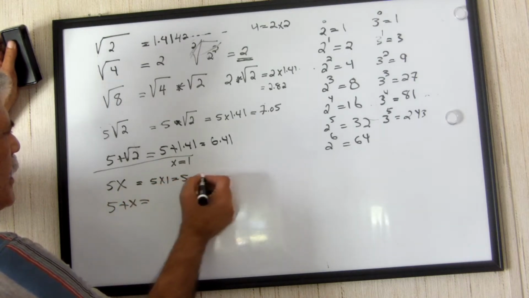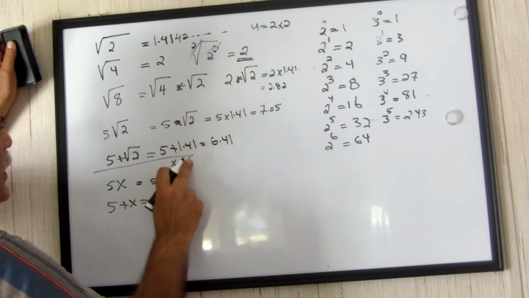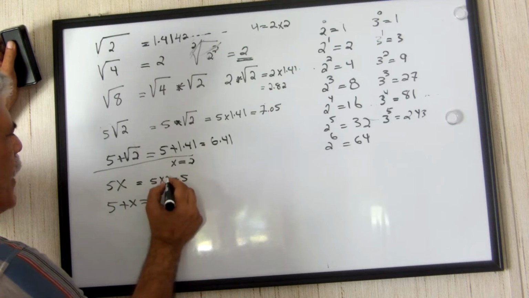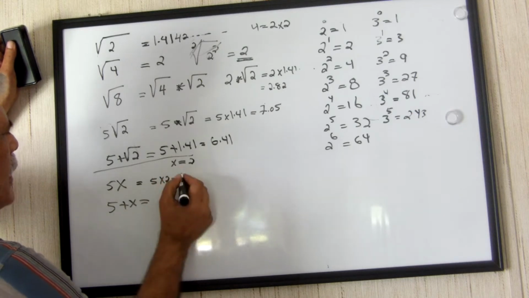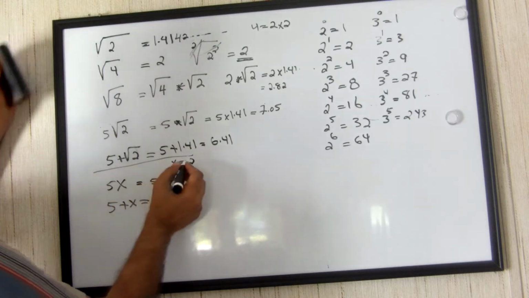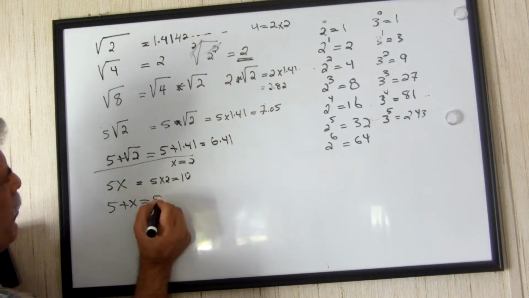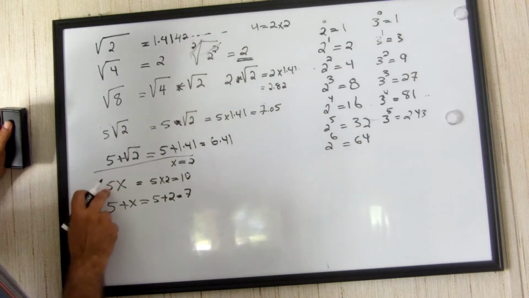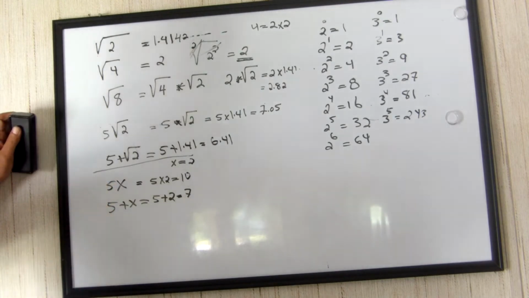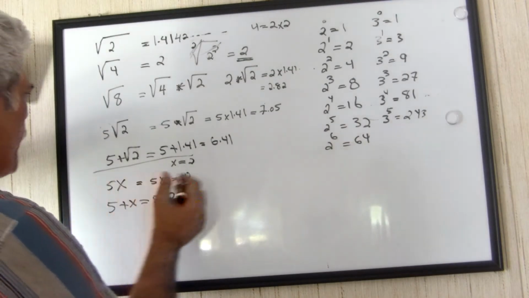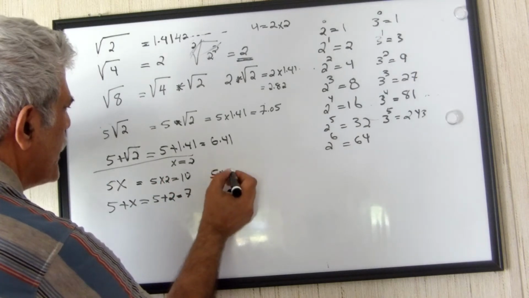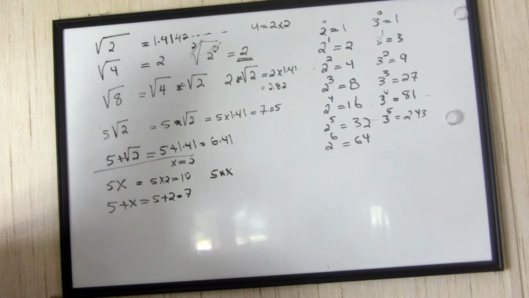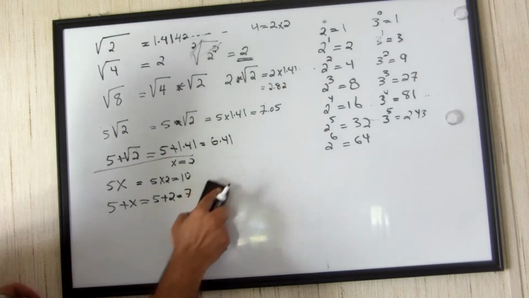But if x was 2, 5 times 2 is going to be 10, whereas with 5 plus x we say 5 plus 2 is going to be 7. So you just want to realize that we could write 5 times x, but usually in algebra, in mathematics, they don't write this. They say 5x.